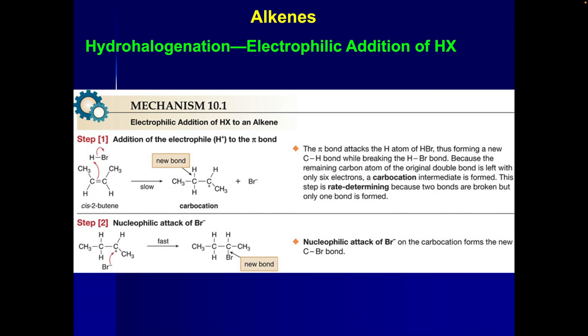Why am I going to draw it to the H and not the Br? Because the H will accept the electrons. It will, but why? What is on Br that I'm not explicitly drawing? Lone pairs. Do you think a pair of electrons is going to want to start getting around a bunch of other electrons? No, right?